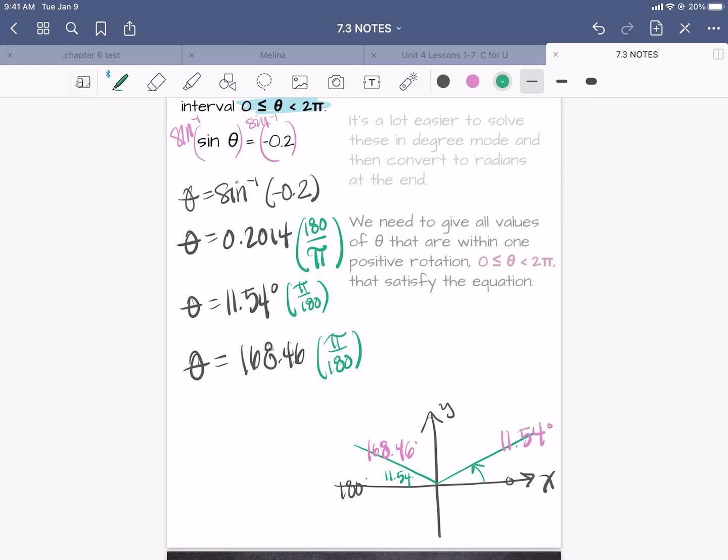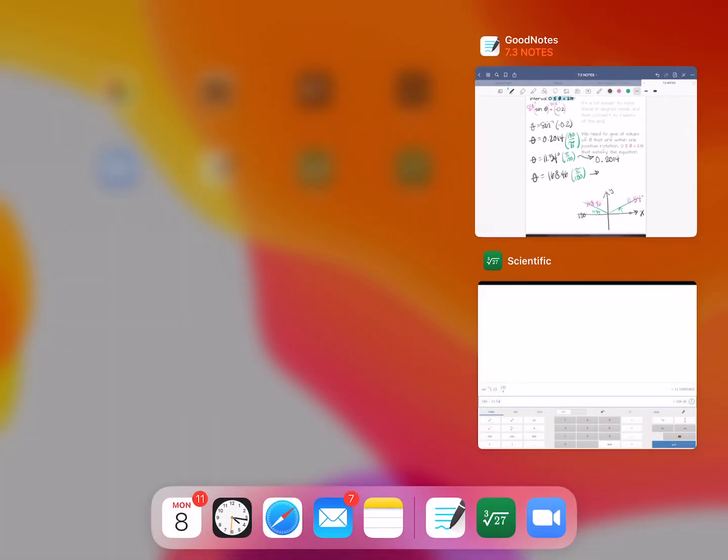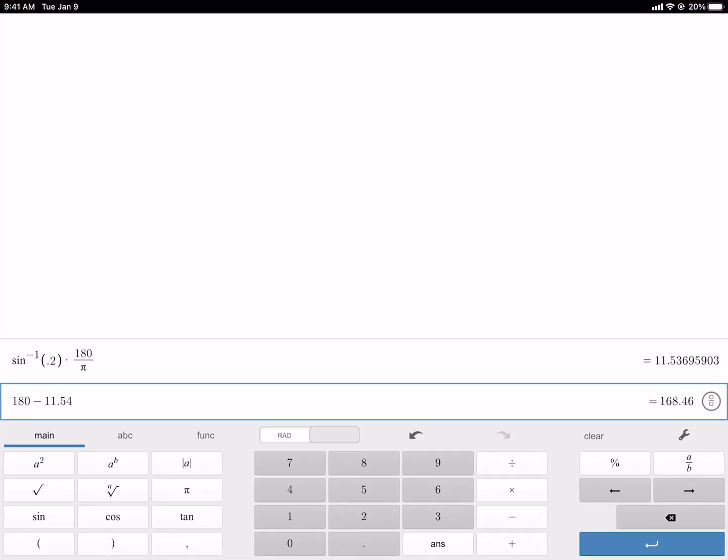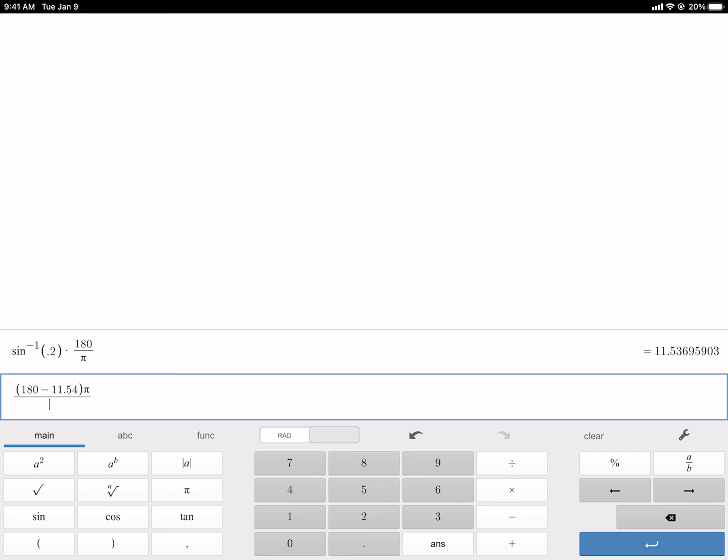And that first one would already give us what we had. This takes us back to this value, right? 0.2014. I just wanted to see what it was in degrees so I could figure out where else I'm supposed to go. And then this one is going to be 168.46 times pi over 180. And I get 2.94.